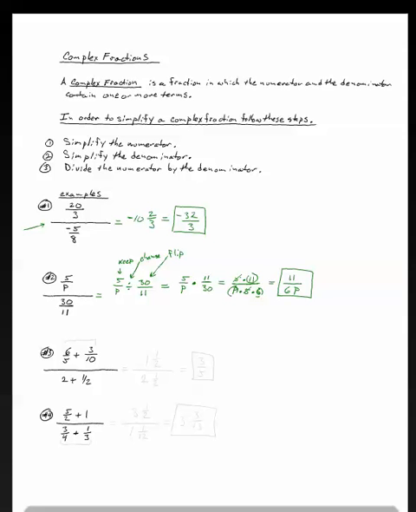For number 3, notice that we've actually got a more complex fraction here. We've got 2 addition problems. So we're going to have to simplify the numerator and denominator first. The first thing I want to do in the top, or the numerator, is the 6/5 plus 3/10.